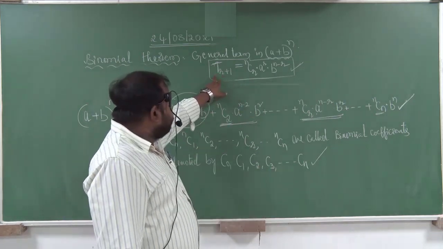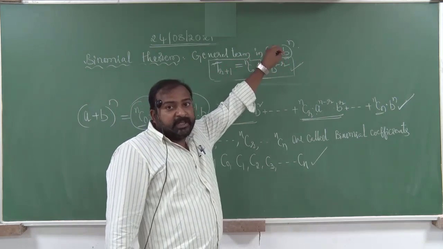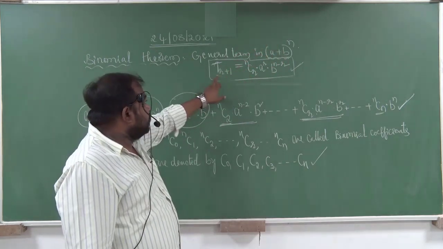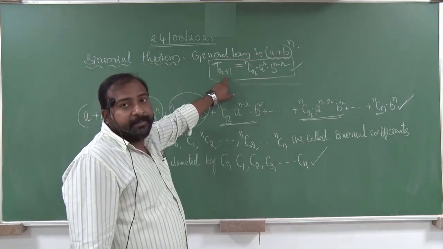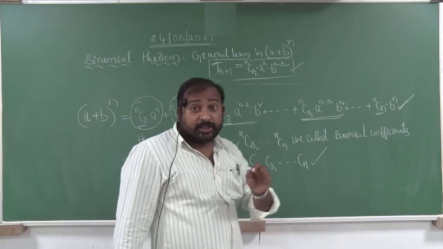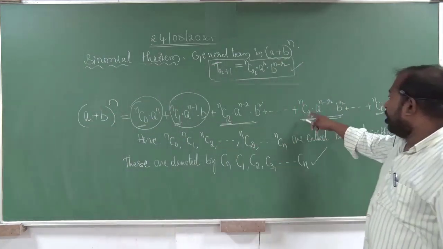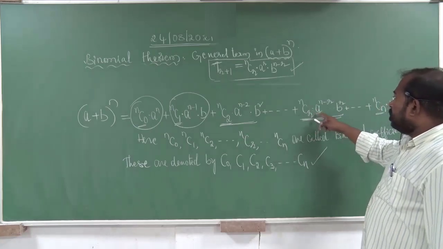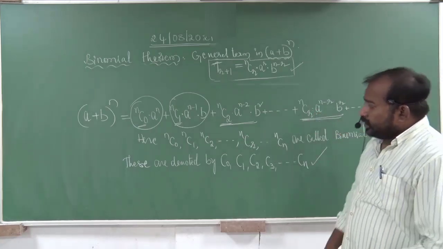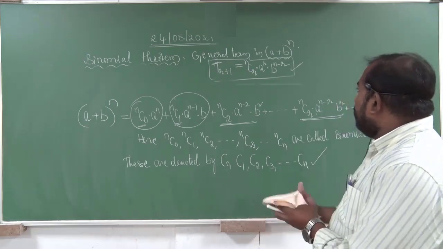The general term in the expansion (a + b)^n is denoted by T(r+1). T(r+1) means the general term, and its value is given by nCr into a power, sorry, here in the last class maybe we went wrong.